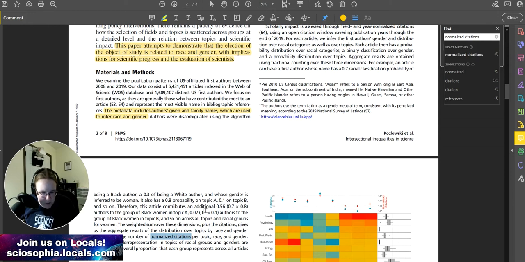Therefore, this article contributes an additional 0.56 authors to the group of black women in topic A, authors to the group in black women in topic B, and so on across topics and racial groups for women. The weighted sum over these dimensions plus the citations gives us the aggregate results of distributions over topics by race and gender and the average number of normalized citations per topic, race, and gender.